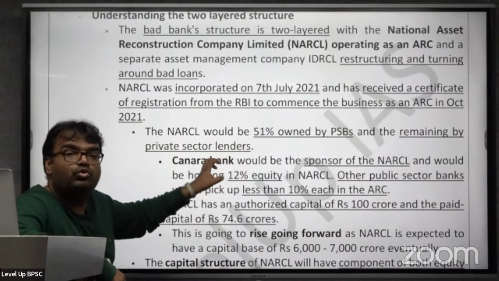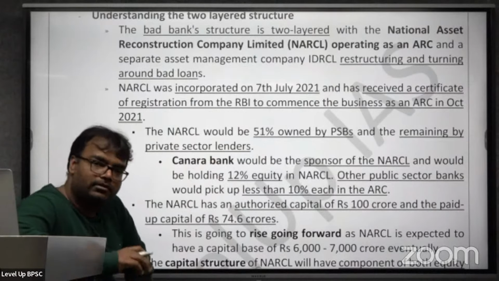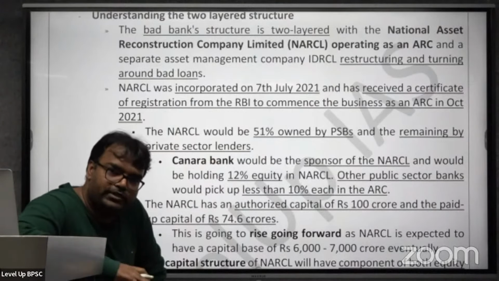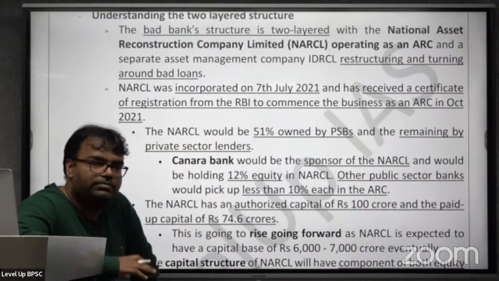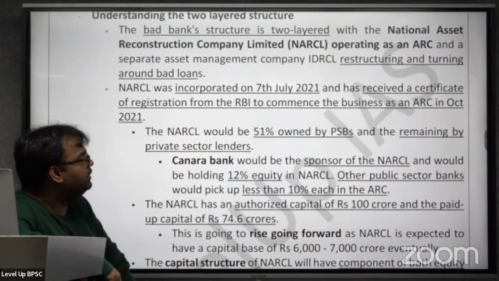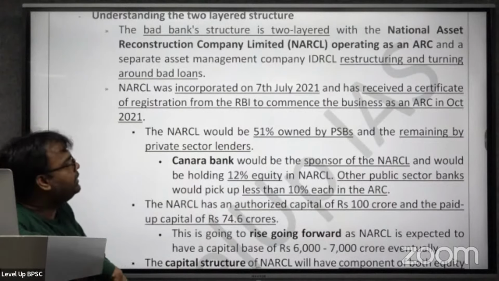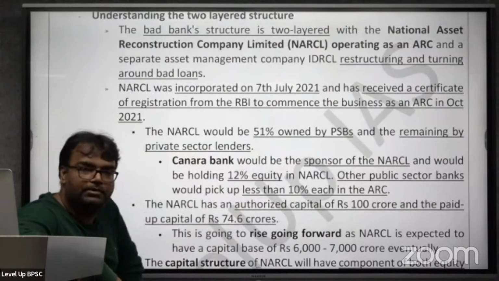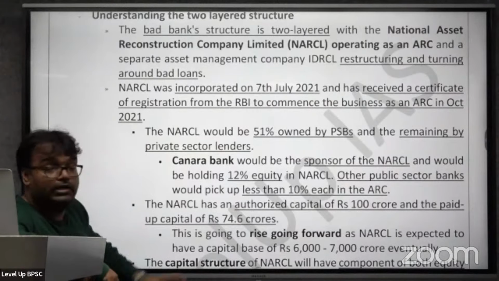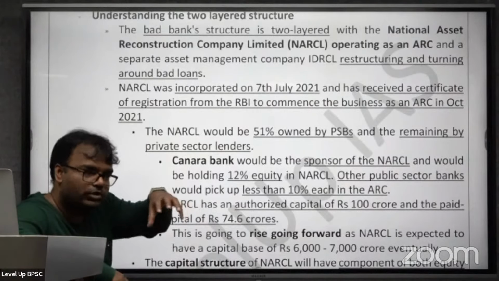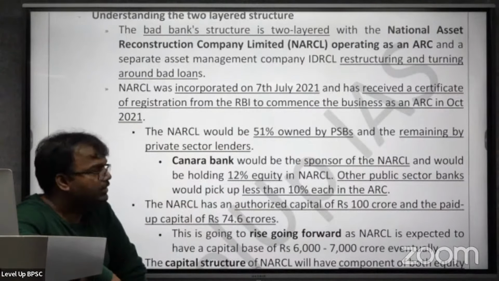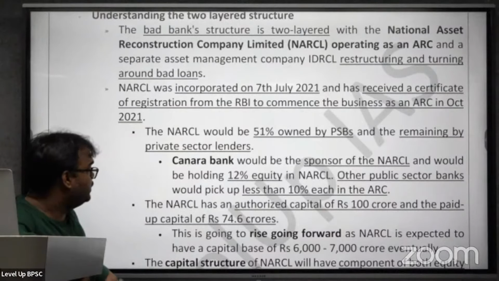So who owns this bad bank? Public sector banks and private sector banks together, 51% by public sector and 49% by private sector. Canara Bank is the sponsor bank, which has 12% equity. The rest of the PSBs would pick up less than 10% each. So Canara Bank would remain the promoter, the sponsor of NARCL.